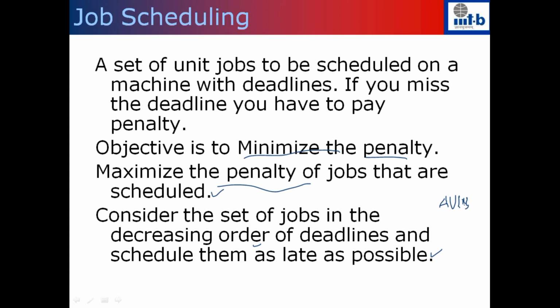Now we will see why as late as possible will actually serve the purpose. If it is possible to schedule using the as late as possible, then clearly there is a valid schedule, right? But if the as late as possible schedule says that it's not possible to schedule, then if you look at the deadline of X, all the days before that have been occupied, and all the jobs which are scheduled before the deadline of X have been scheduled as late as possible.